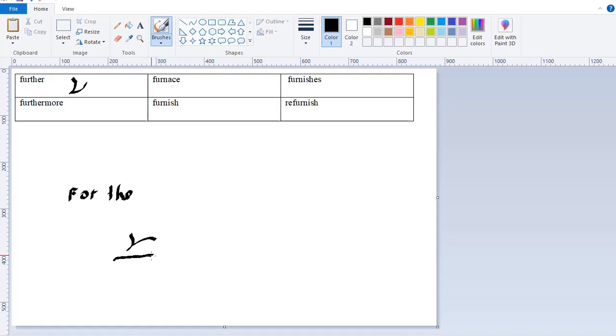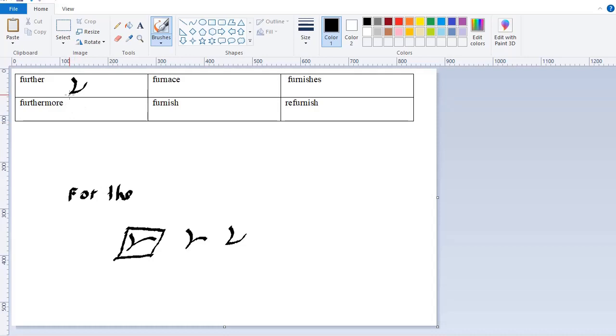So, you cannot use this same stroke to represent your further because there's going to be confusion. Okay? So, kaya nag-distinguish na when it's for the, yan ang stroke, and it's further, ganun naman ang stroke. Okay? So, I hope I was able to make you understand or explain it properly.